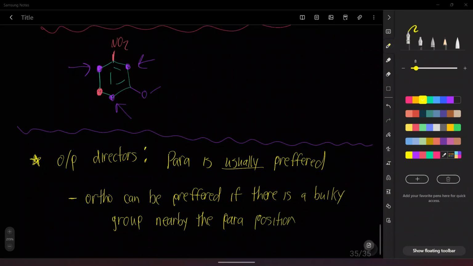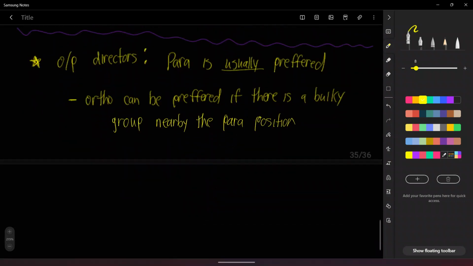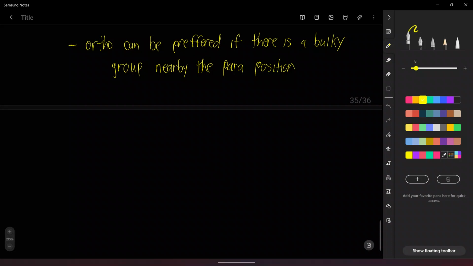So, for example, if you have a big giant tert-butyl group here, and this one right here, and you added Cl2 and AlCl3.